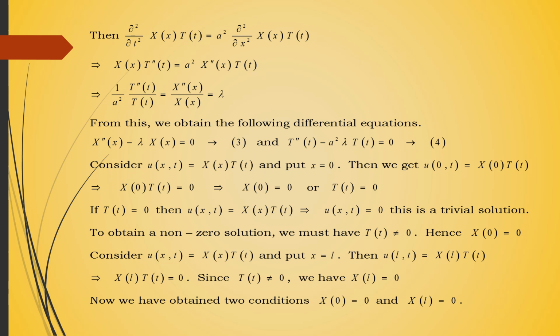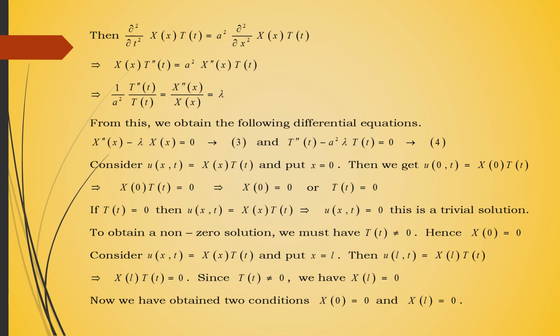U sub xx means dou square u by dou x square. Since u of x comma t equals X of x times T of t is a solution of the wave equation, we substitute this in the one-dimensional wave equation u sub tt equals a square u sub xx.